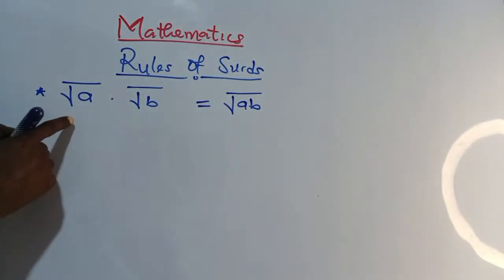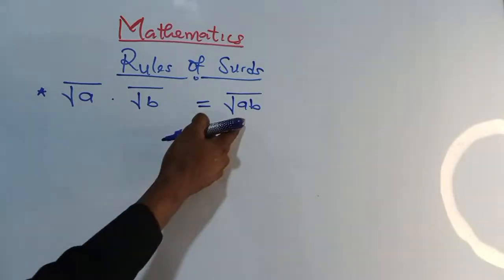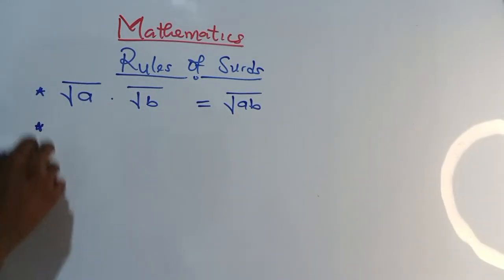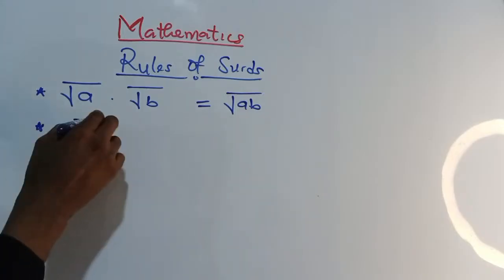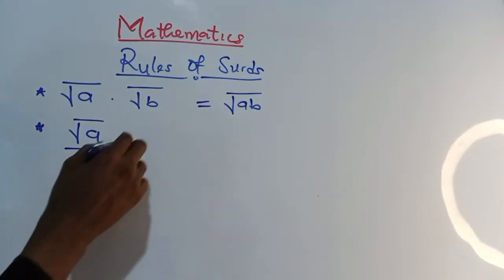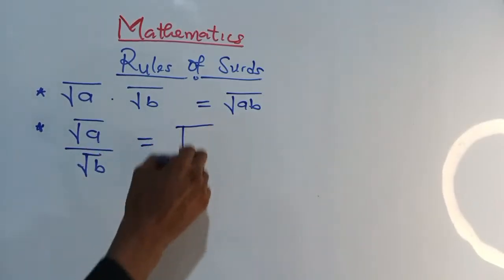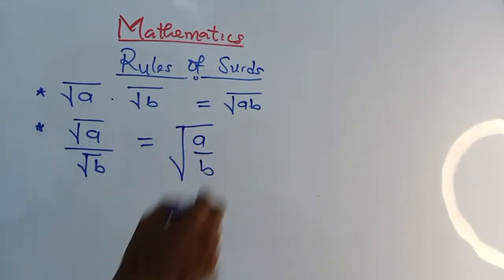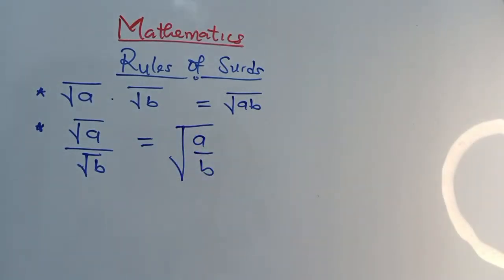So if you have something like this, this is what it gives you at the end. And it also says that when you have root A divided by root B, it is equivalent to root of A over B. Those are the two major rules of surds that we are going to be applying to solve problems in mathematics.